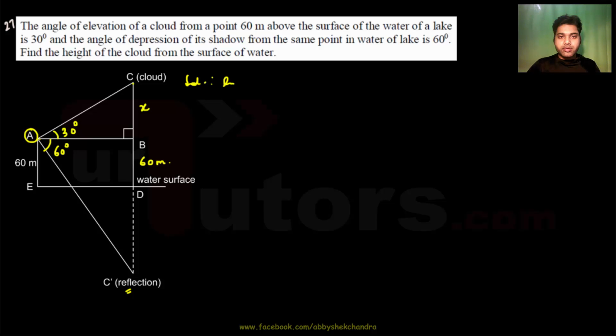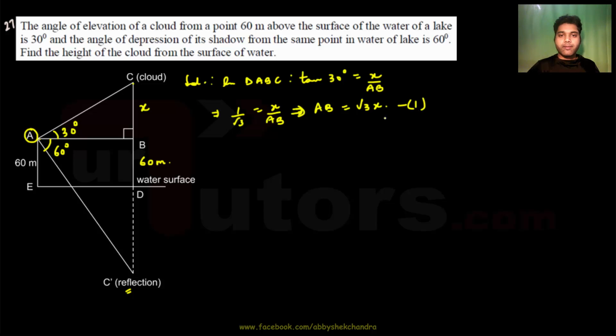So in triangle ABC, tan 30 degrees is equal to X by AB, or 1 by root 3 equal to X by AB, or AB equal to root 3 X. We just cross multiply. This is 1.